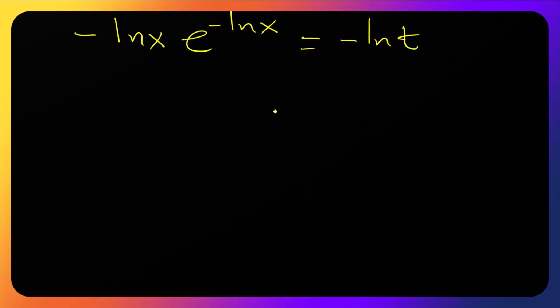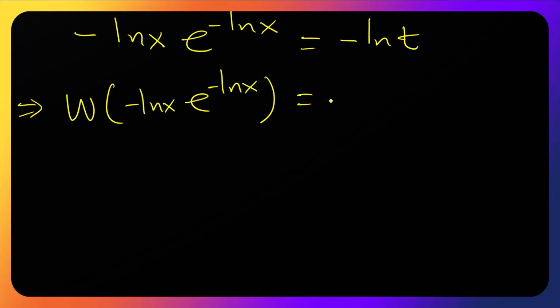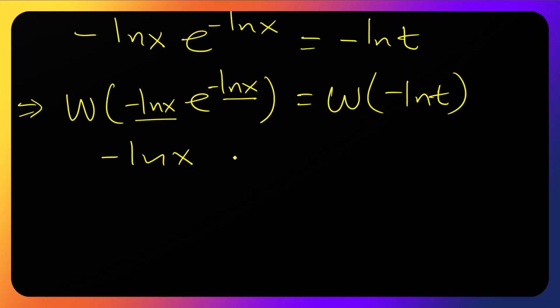Okay, so from here we can take the W function. So we have the W function of that, times minus ln of x, equals the W function of minus ln of t.